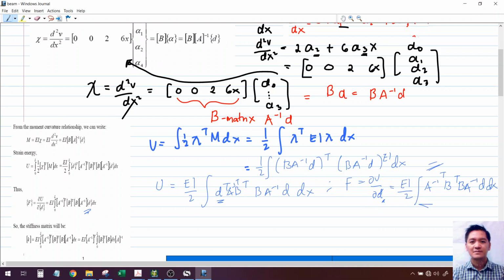And this now can be analogous dun sa equation na F equals K U. Or yung ginamit natin sa actual, P equals SD.